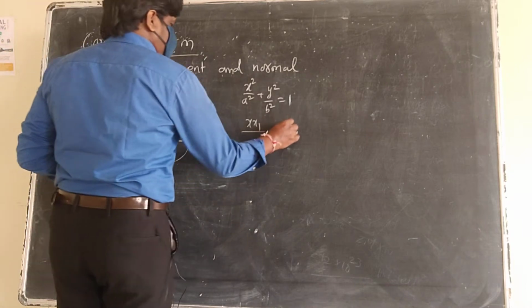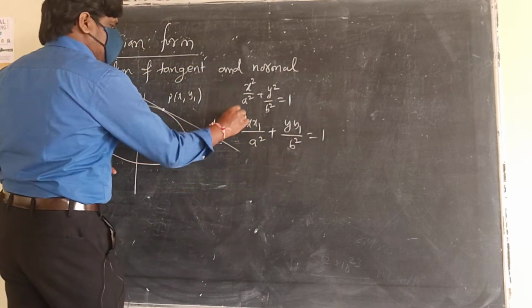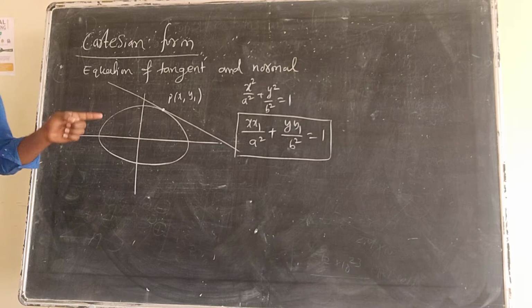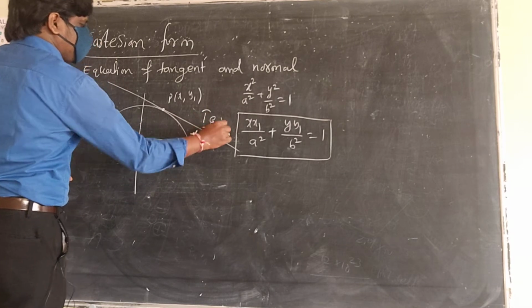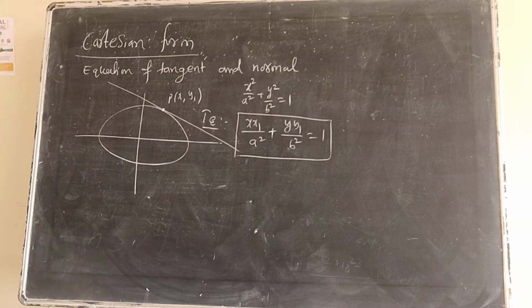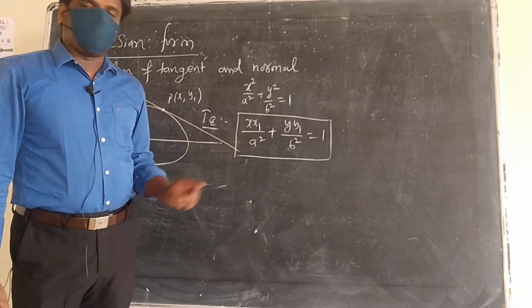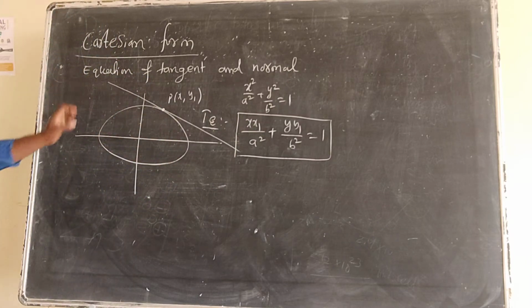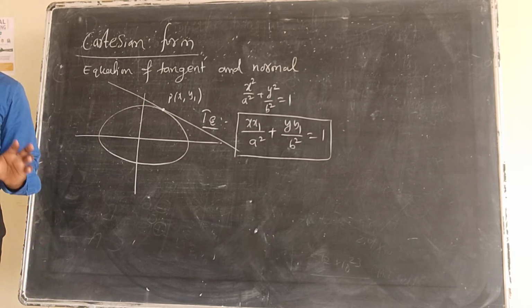So the equation of the tangent T is x x1/a² + y y1/b² = 1. This is what we call the equation of the tangent when a particular point is given. Did you understand?